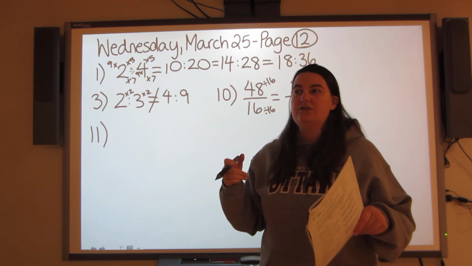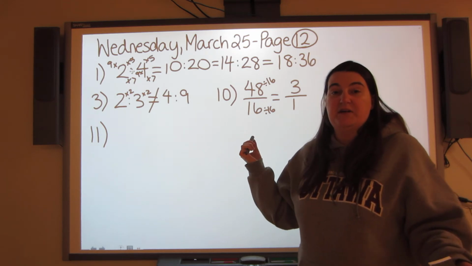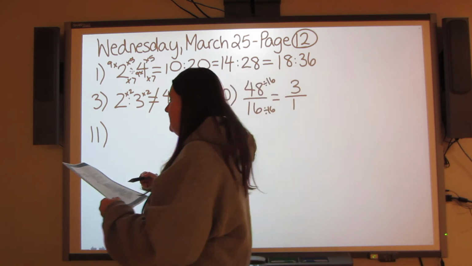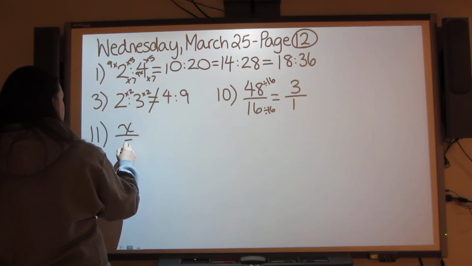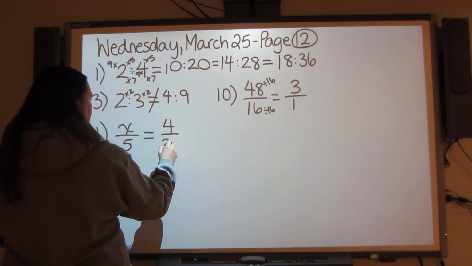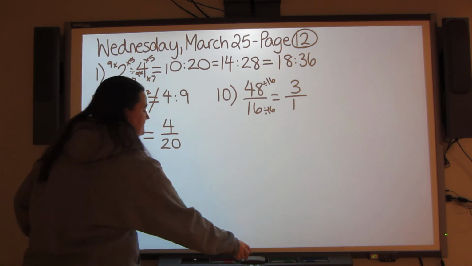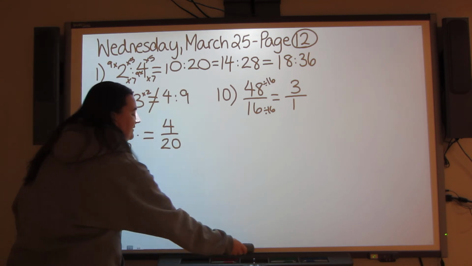And so don't get freaked out when you see the letters. It just means it's a number, but we don't know what that number is, and you have to figure it out. So number 11, I've got x over 5, which equals 4 over 20. Now, remember, the x is really just an empty box that you need to fill with the right number.